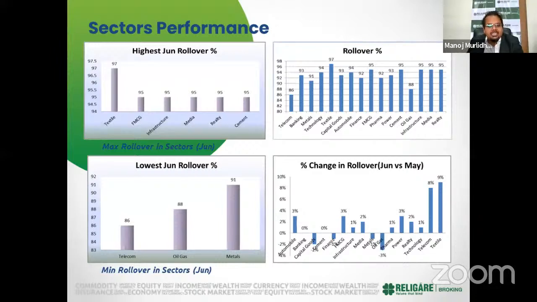Usually sector specific, we have seen that on an average, 90 to 92% is where the sectors have rolled in. But as I said, we look into the net position that a new series or a new stock has, and that helps us gauge if there is a long build up. Textile has hardly any stocks in F&O, so we still negate that.